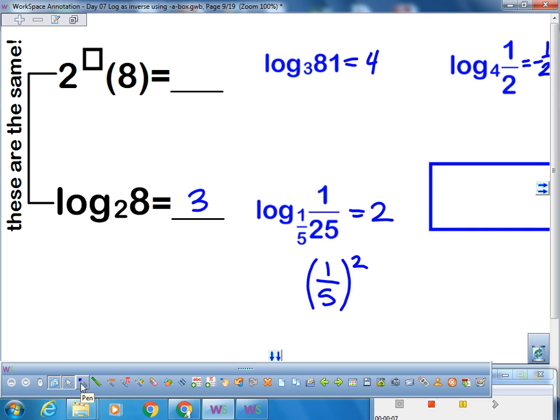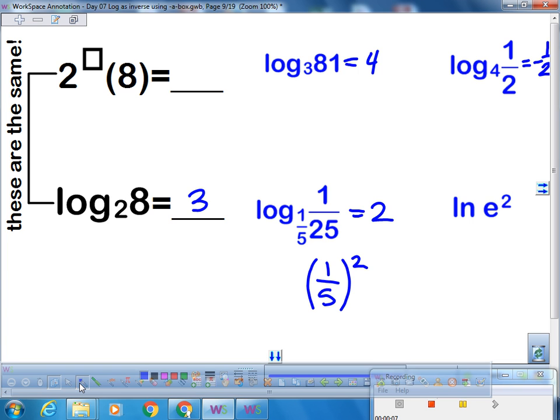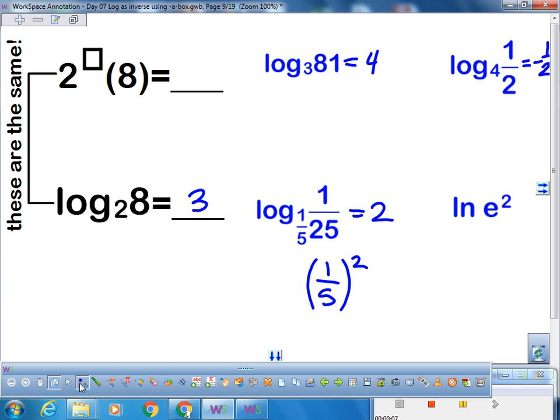Okay, this last one. This is called a natural log. Natural logs are used with E. Okay, we'll get there. And I'm not even sure why I'm exposing it to you right now.